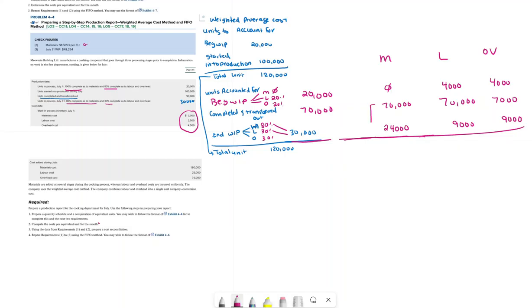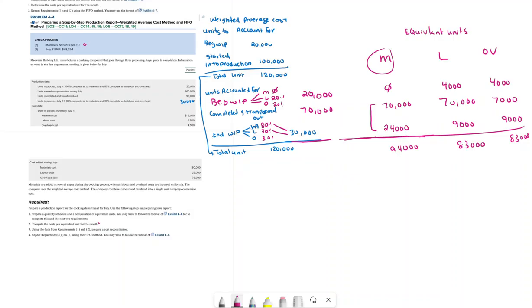If I add them together, I will get 94,000 equivalent units under material, 83,000 in the form of labor, and 83,000 in the form of overhead. You could have put it together, but we are going to put labor and material separately. So that's our first step, and we also calculated the equivalent unit.